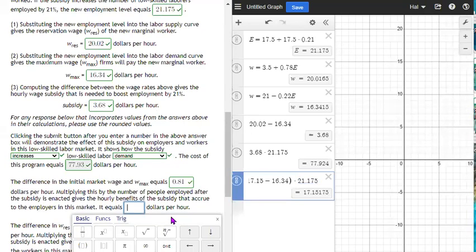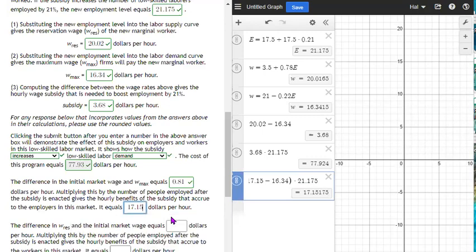So multiplying this 0.81 by the number of people employed after the subsidy is enacted gives the hourly benefits of the subsidy that accrue to the employers in this market, and it's $17.15 million if there are 21.175 million employees in this labor market, right?